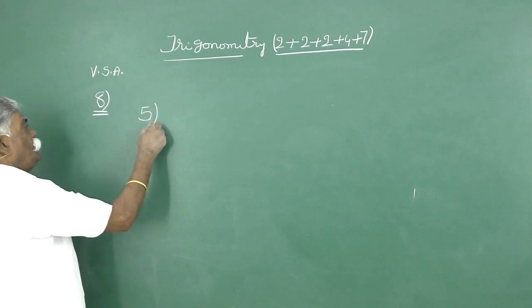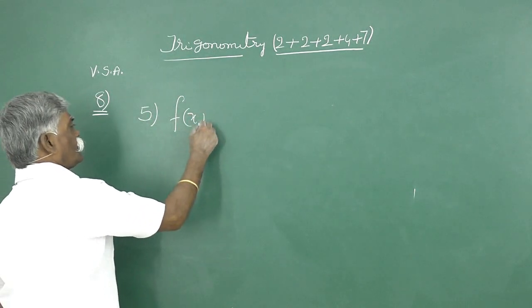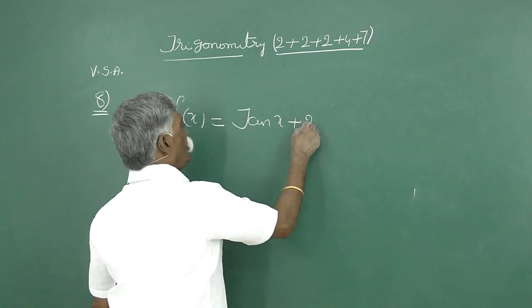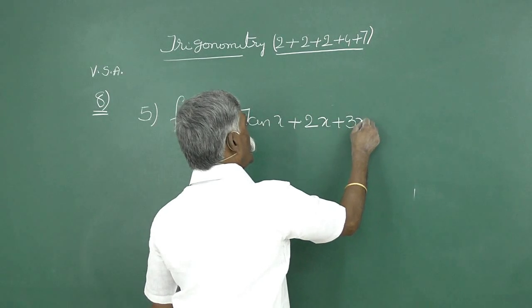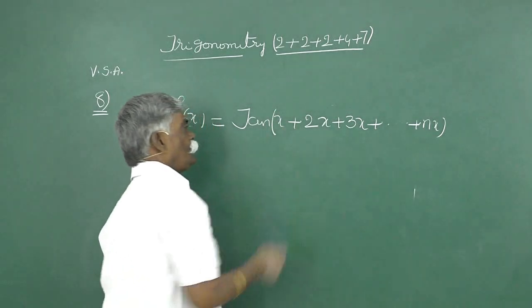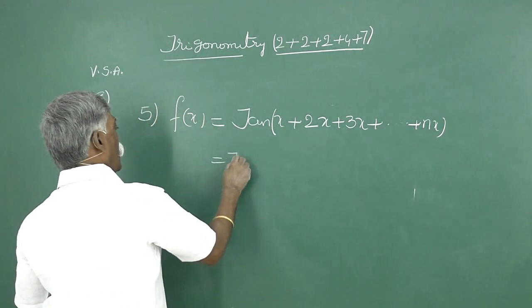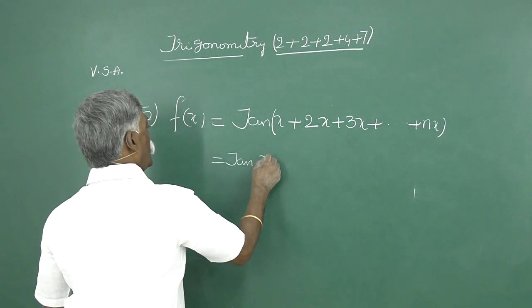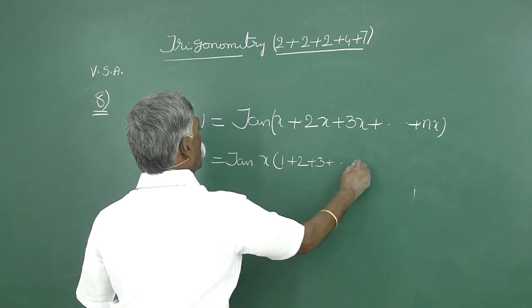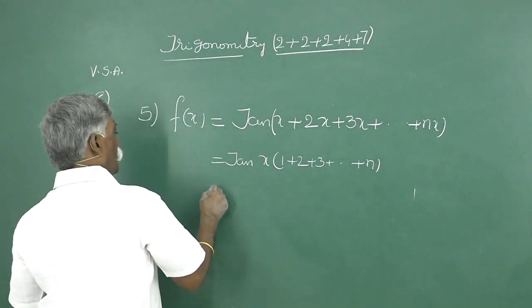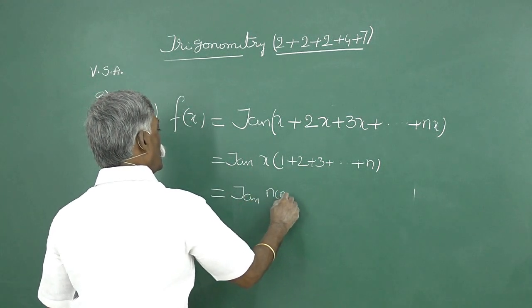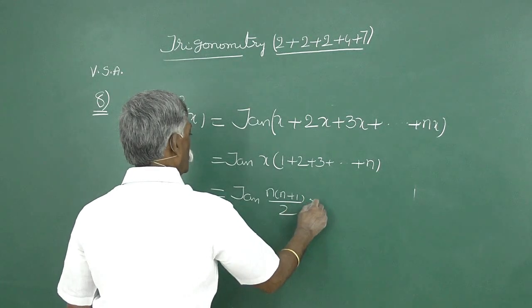Now, the fifth problem, f of x is equal to tan of x plus 2x plus 3x and so on up to nx. This is equal to tan of, let us take x as common, 1 plus 2 plus 3 and so on up to n. Therefore, this value is n into n plus 1 by 2 into x.